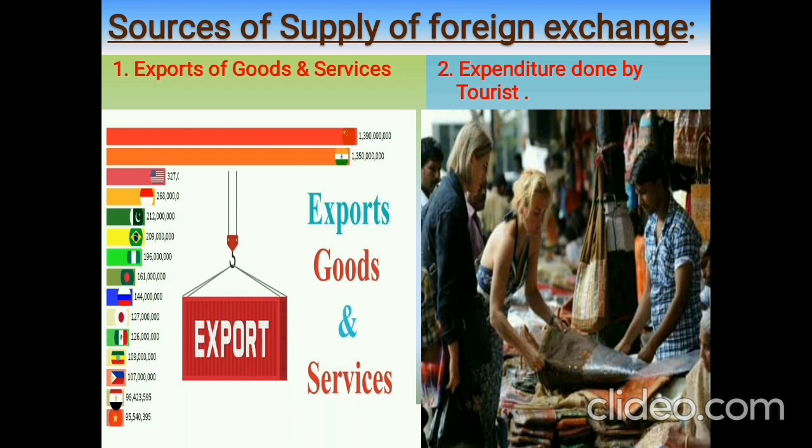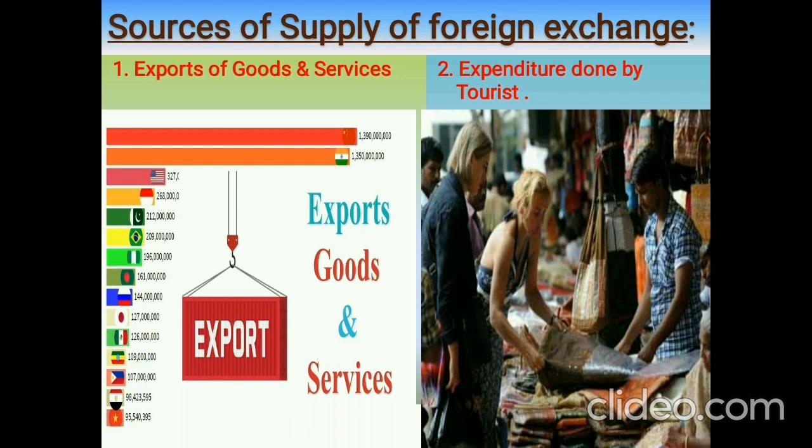Our citizens move to other countries for tourism purposes and spend the amount in foreign currency. So when tourists from the rest of the world come to our country and make their expenditure in our country, we get the supply of foreign exchange in our country.